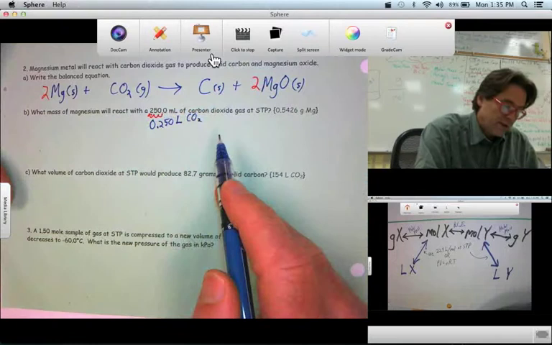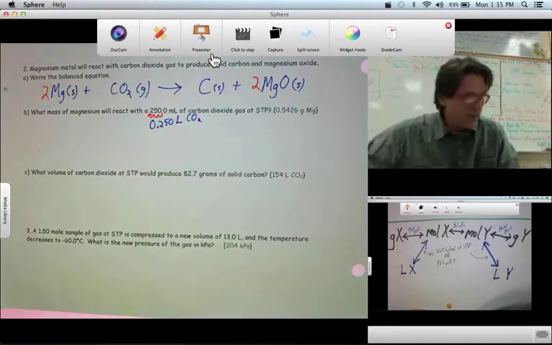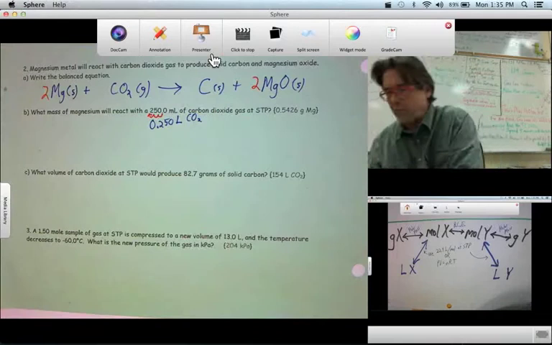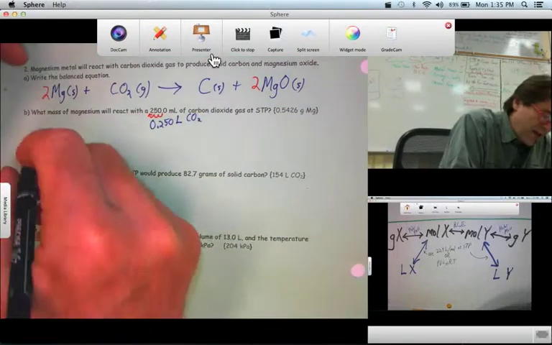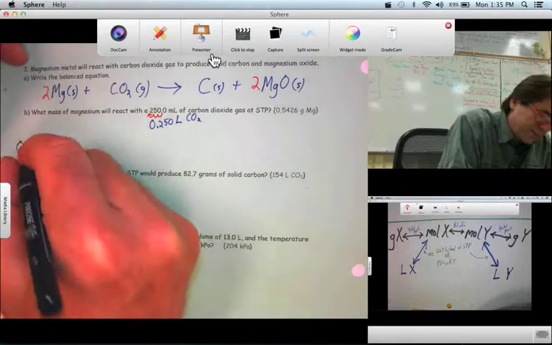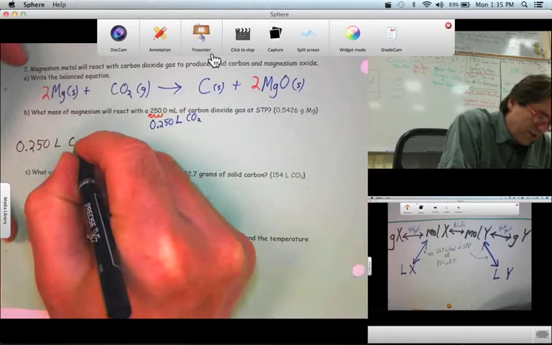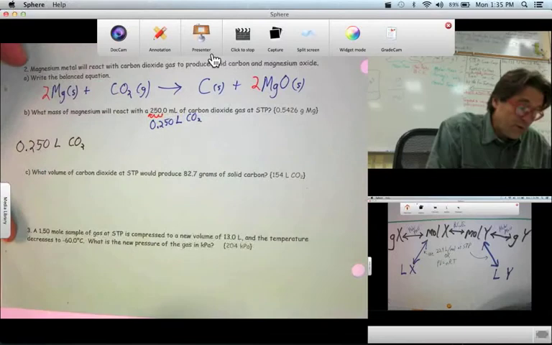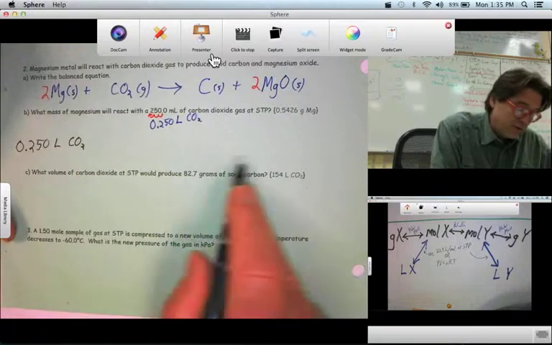So let's write that, ideally in a different color pen, but there we go, black. Let's start with black way over to the left. Here's our given, 0.250 liters of CO2, and we're going to use given times conversion factor, stoichiometry style.